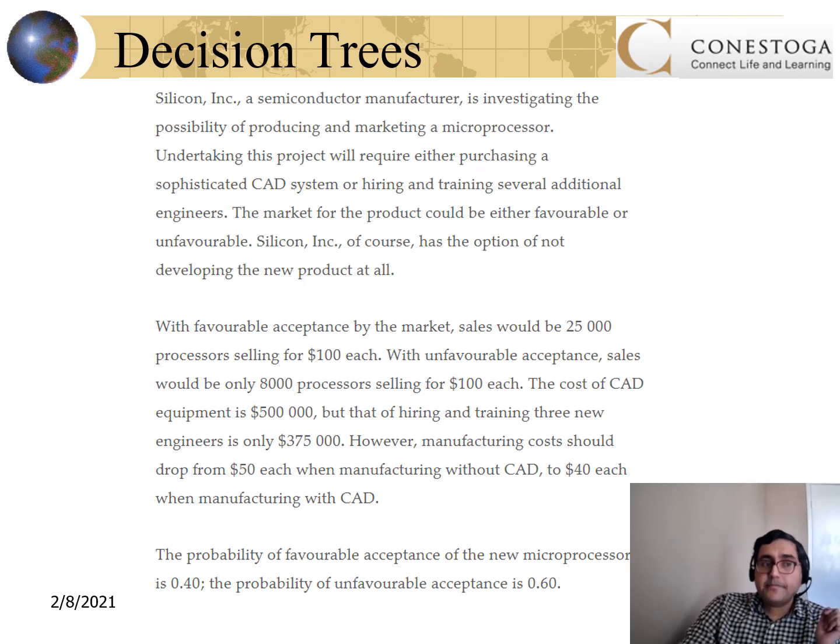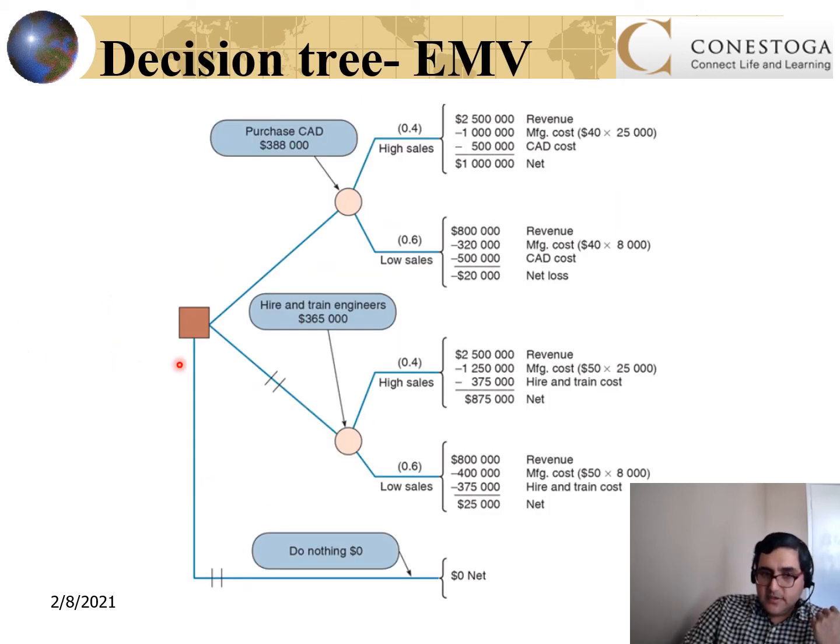As you see here, in a decision tree, the first thing is you create a square box to represent the various decisions that you're looking at. The first option is doing nothing. The second option is hire and train engineers. The third is to purchase the CAD software.